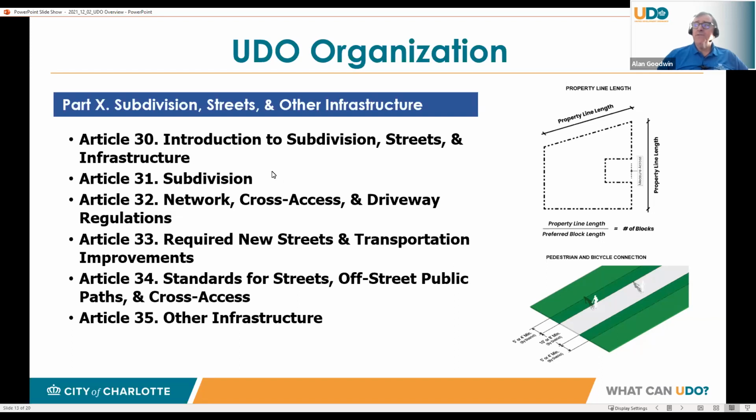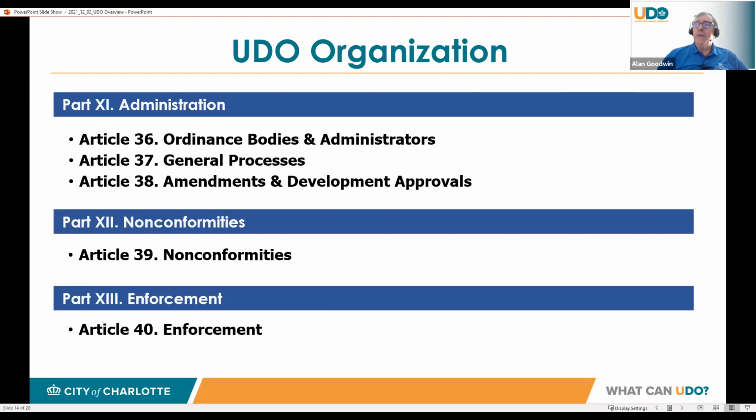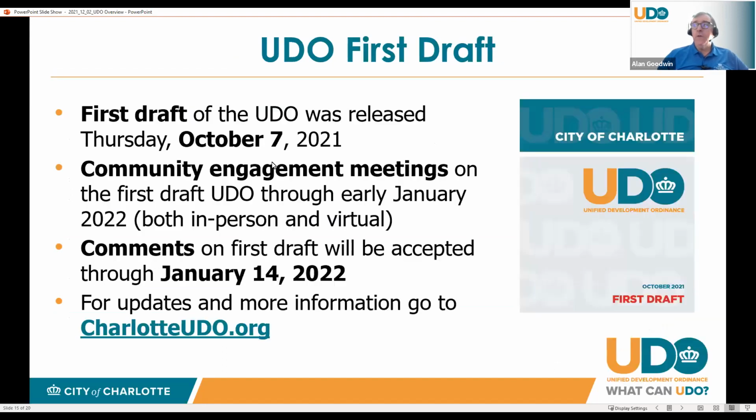You'll see some new concepts that we can go over at a different meeting with you. And then finally, toward the end of the UDO, we have parts 11, 12, and 13. Part 11 is administration, 3 articles that cover various administrations aspects. Part 12, nonconformities. And finally, part 13 is Article 40, enforcement of the UDO.